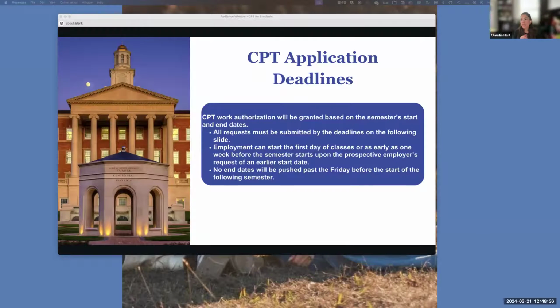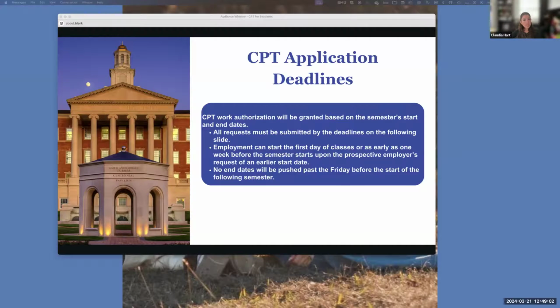Okay, so some deadlines. Like I mentioned, your application has to be submitted to our office before the semester starts. We actually have those deadlines for the summer posted on our website. One thing to keep in mind is that other offices, like Lyle School of Engineering, for instance, will have their own deadline as well, because they have to process things also.